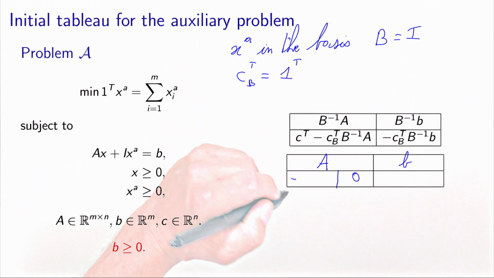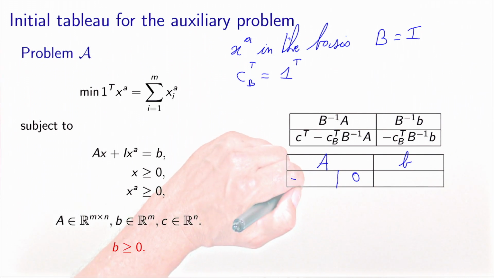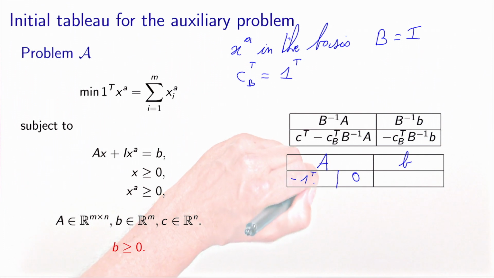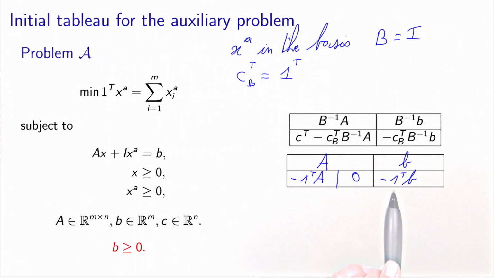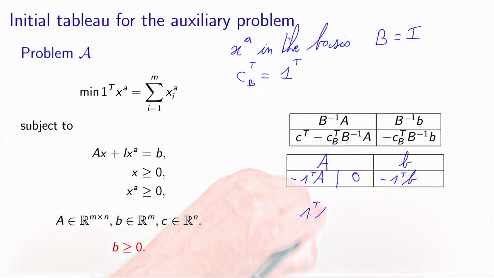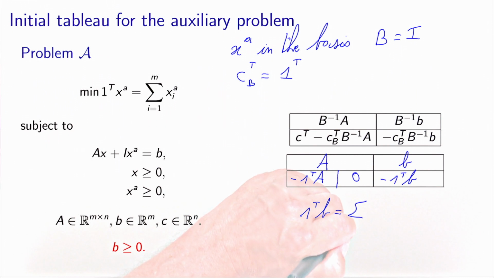So we are left with minus 1 transpose times A. And finally, the last cell will be minus 1 transpose times b. As we have seen before, when you calculate the inner product between a vector of 1s and another vector, this is exactly the sum of all the elements of the vector, which is easy to calculate.